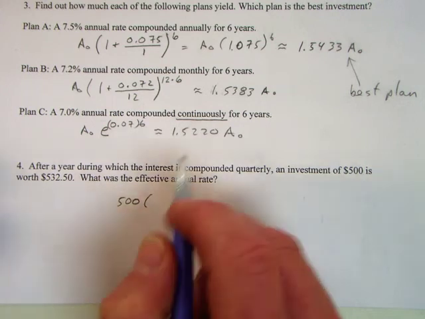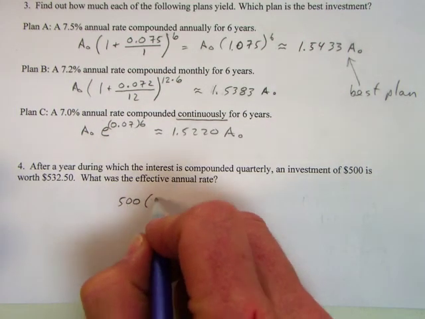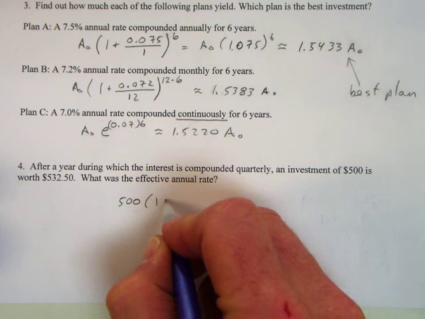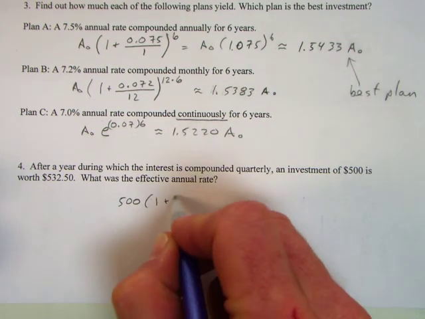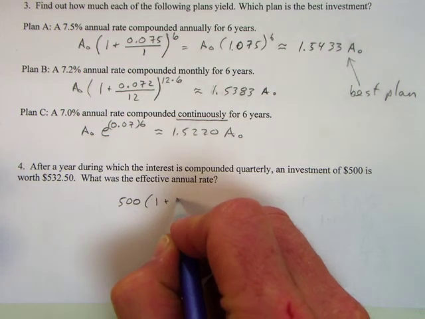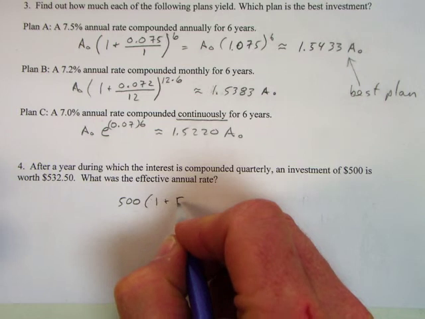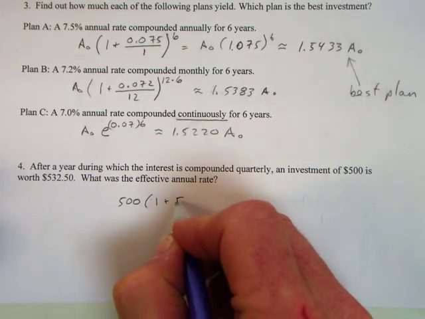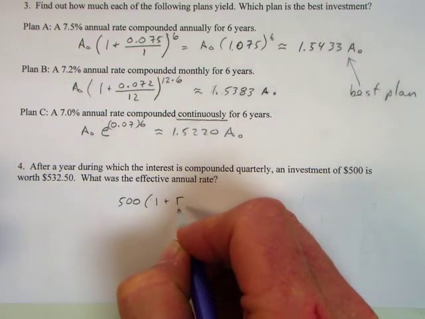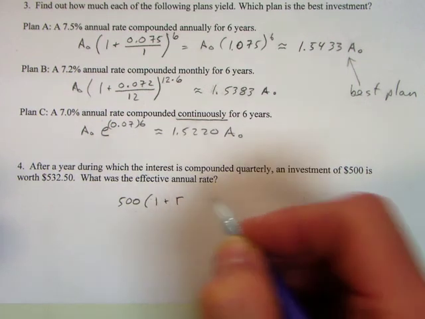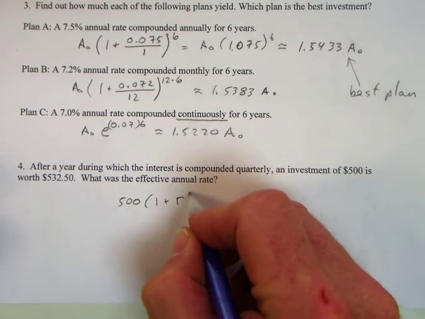So we'd have 500 times 1, our 100%, plus the rate we're looking for, and it's an annual rate, so it's only going to be R. Now note, we've done problems where I've done it as 1 plus R, and we also have done it as 1 plus R over 100. It doesn't matter which way you write it, just be consistent in the problem.